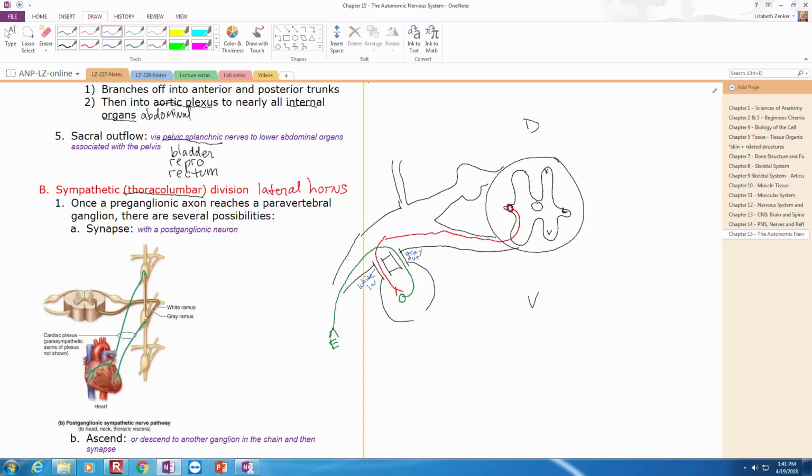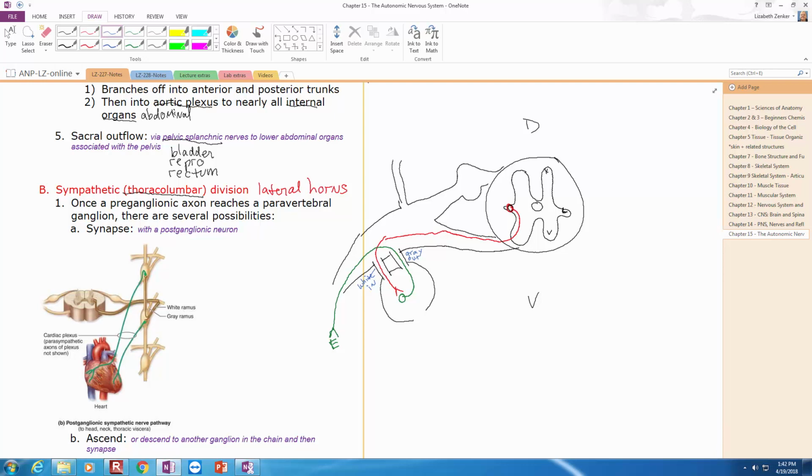So for a somatic reflex, this was the previous stuff, not autonomic, this is review. For the somatic reflex, like the knee jerk or a simple reflex, you would have your somatic sensory receptor. It would go into the spinal cord through the afferent pathway. It would go into the DRG, or dorsal root ganglion. It would synapse in the dorsal horn, correct?